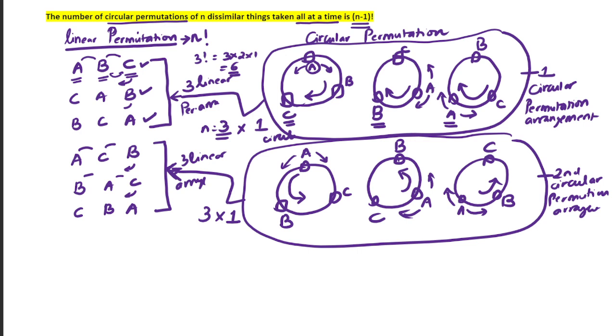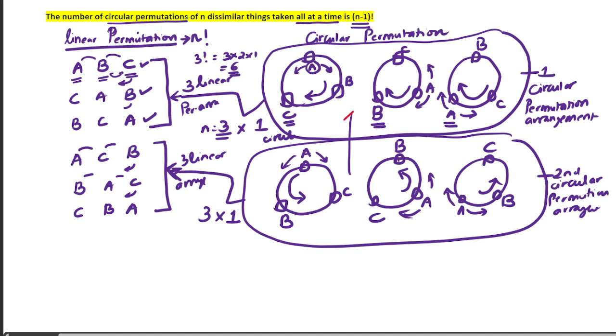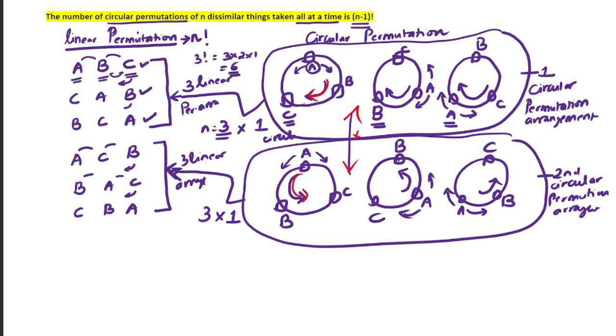But among these 2, they are not the same, because this one is clockwise and this one is anti-clockwise. Here for A, B is always on his left hand side; here B is always on his right hand side. And C is always on his right hand side here; here C is always on his left hand side.